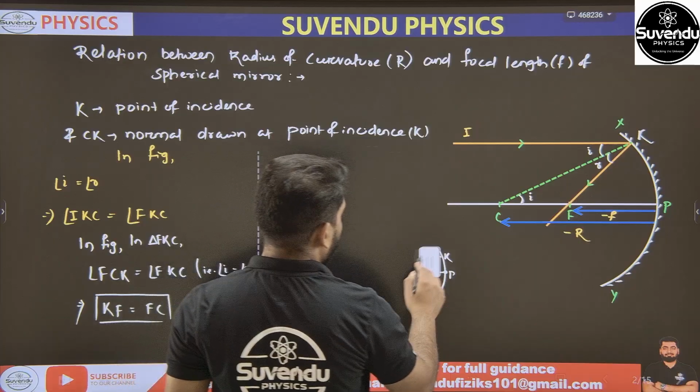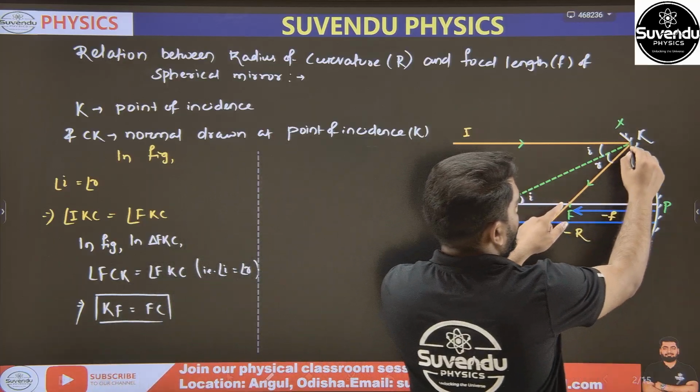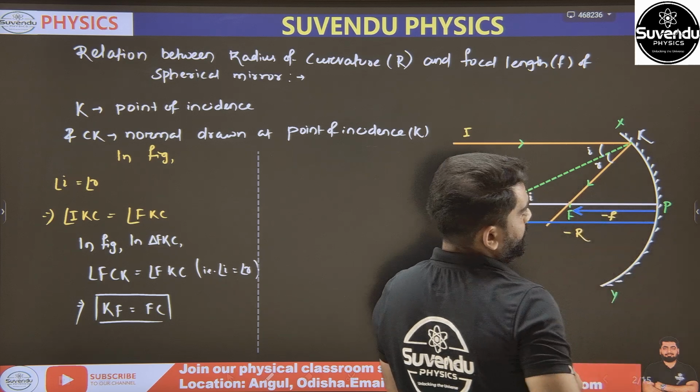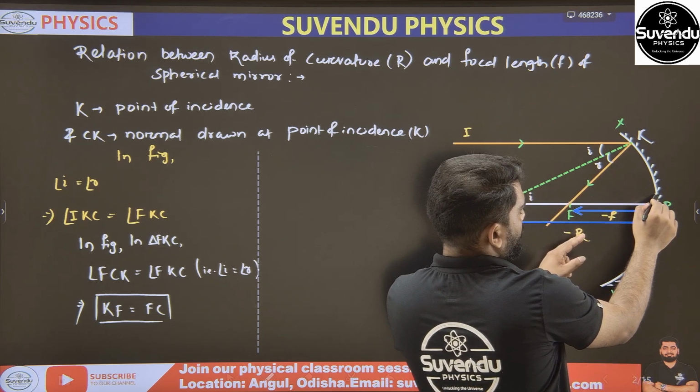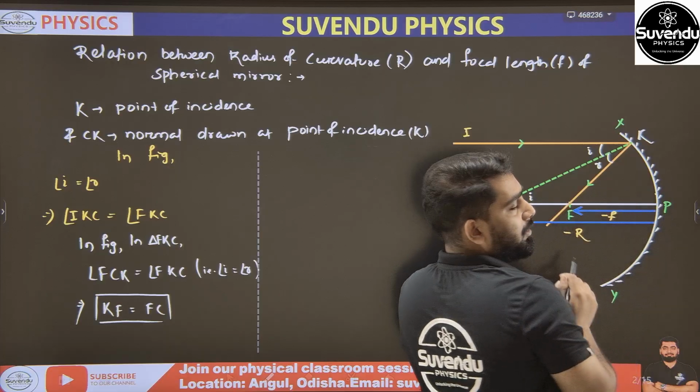So ये K, when K lies very close to P, we can say FK is equal to FP. When K lies very close to P, ये पॉइंट K हो जाएगा तो FK length is equal to FP length.